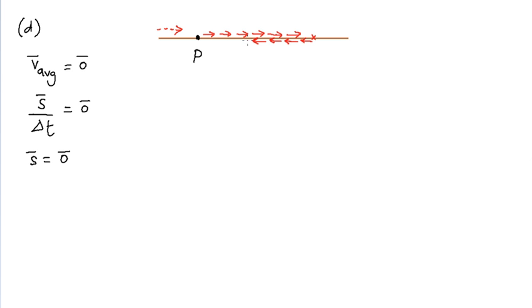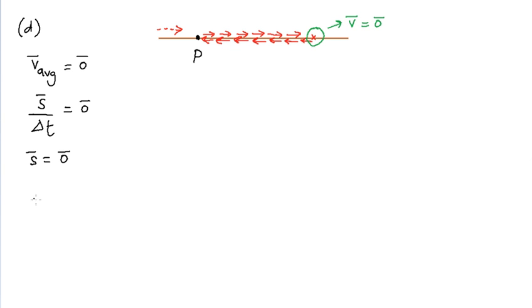So now the particle travels leftward like that, and finally it comes back to point P. So this is a situation in which the average velocity of the particle is 0 bar, and at this particular point the particle's instantaneous velocity was equal to 0 bar.